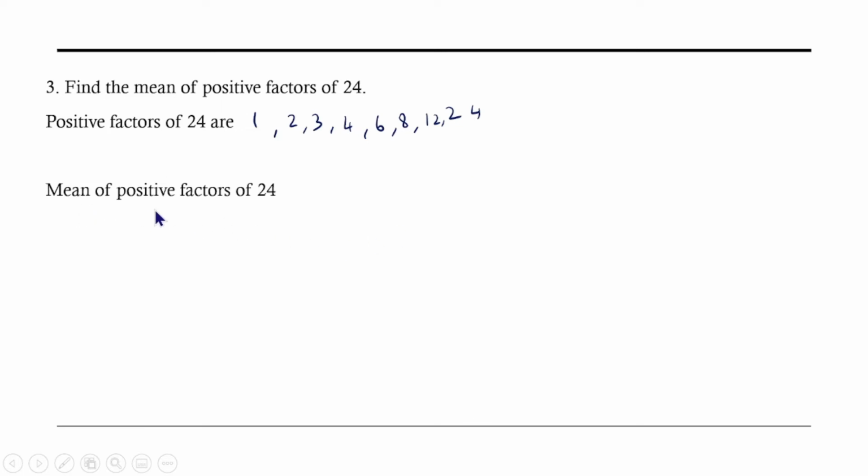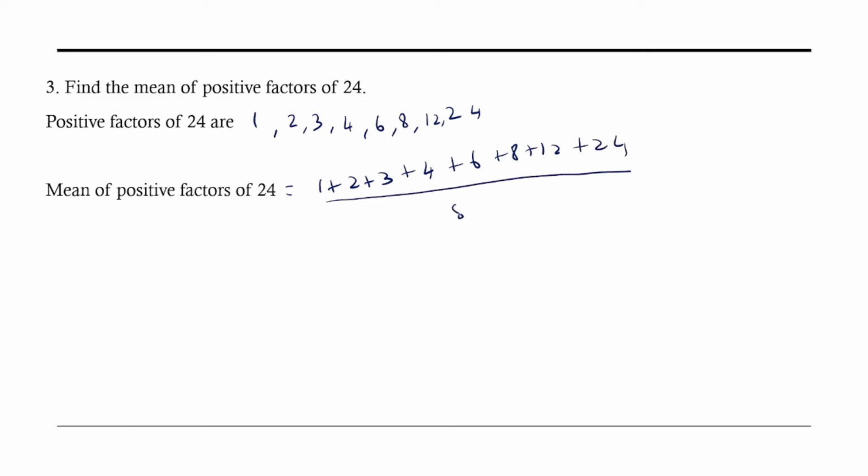So the mean of these positive factors of 24 will be the sum of all these divided by 8. So this is equal to 1 plus 2 plus 3 plus 4 plus 6 plus 8 plus 12 plus 24 upon 8.